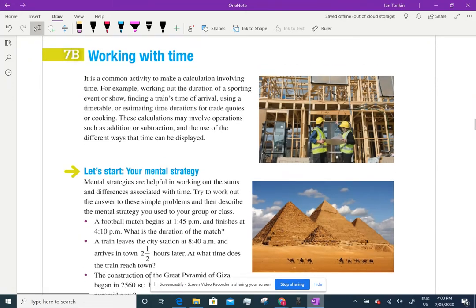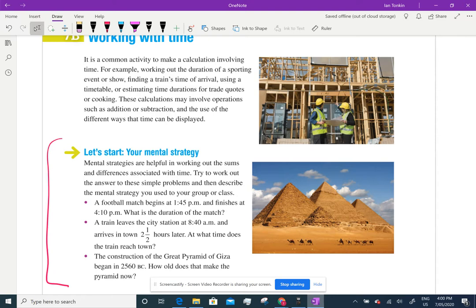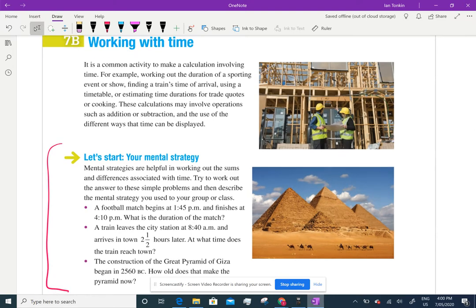Okay, Year 7, the second unit on working with time is doing some calculations. Now, some of these you can use your calculator for, but others are going to require you to do some mental calculations. Time is very important for things like watching sporting events or travelling and using train, plane, bus, ferry timetables.